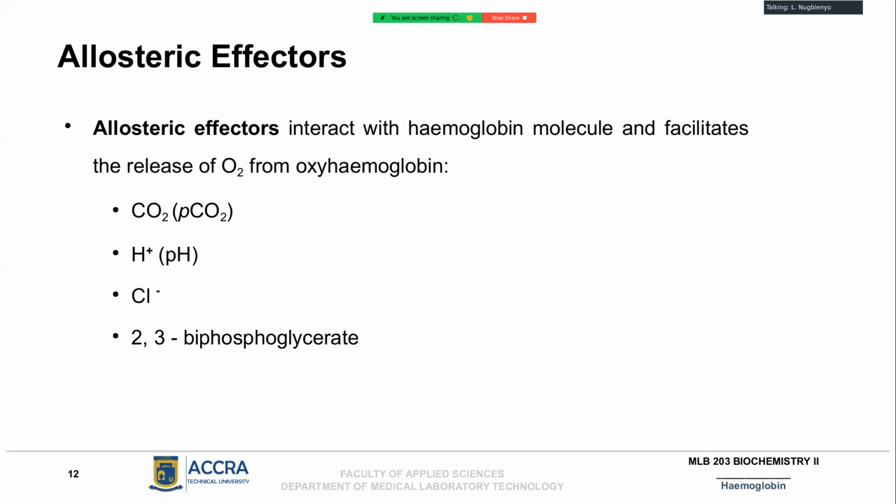The increase in concentration of these protons, which is to say the decrease in pH, will also cause hemoglobin to have a decrease in affinity for oxygen. And that will mean it will quickly release oxygen so that it can bind to these hydrogen protons that are produced in the tissues to carry them away. Is that clear for the two, carbon dioxide and protons, before we move on to chloride? Yes, please.